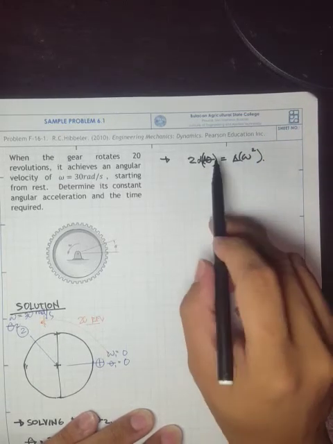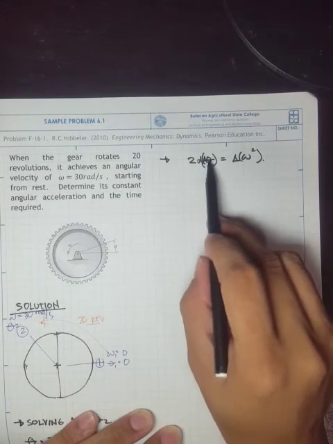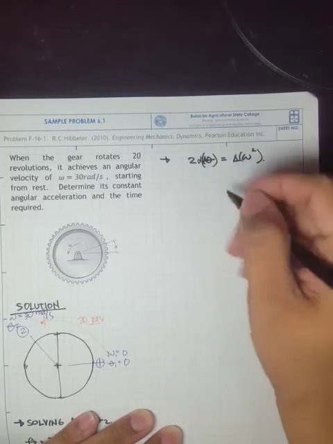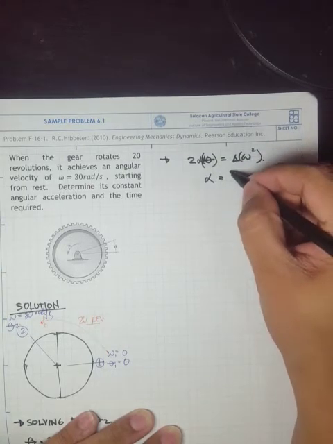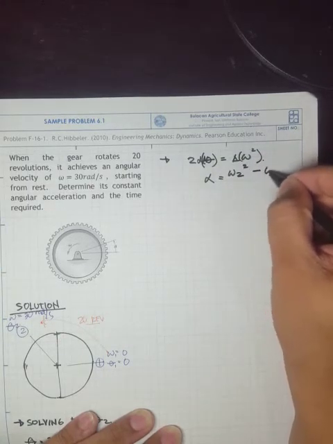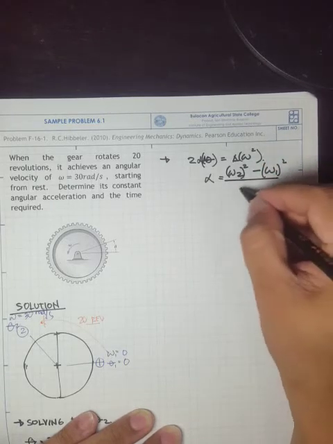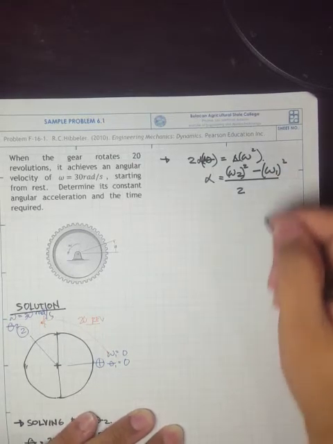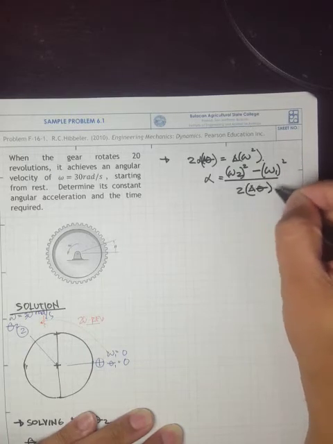Since we have the values of these, as well as the angular velocity, we can solve for alpha. So alpha is simply omega squared minus omega naught squared, all over 2 times delta theta. The change in theta is theta 2 minus theta 1.